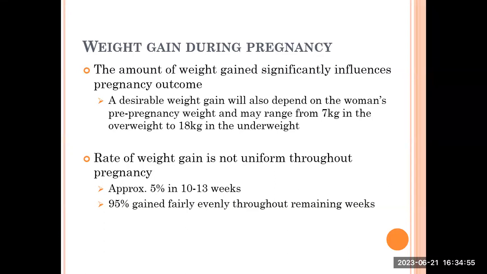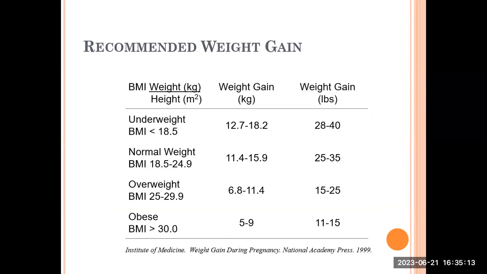And there's a table down there, which I'll show you in a bit, which gives you an idea of the kind of weight gain that is desirable in women who have various BMIs. So if you are within the normal BMI, then you know what you need. Usually our women are either underweight, normal, overweight, or some are obese.